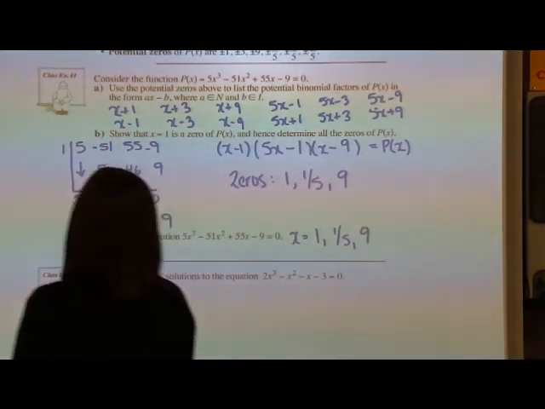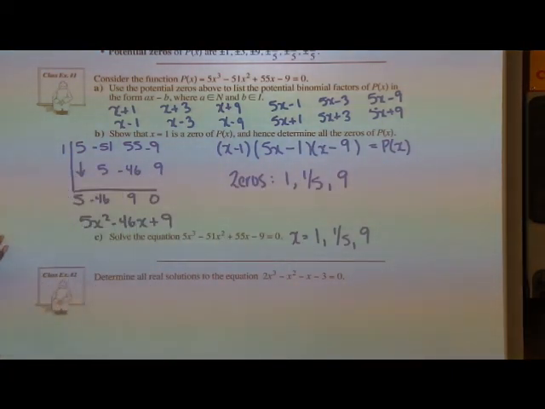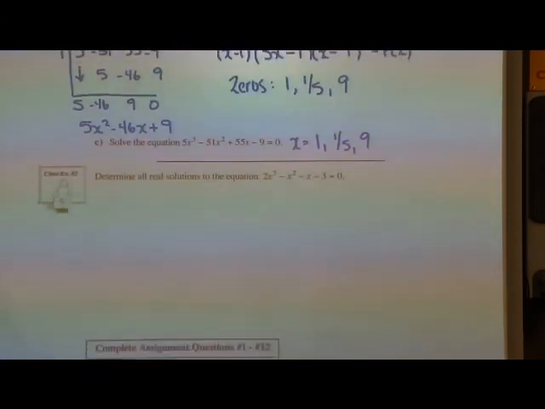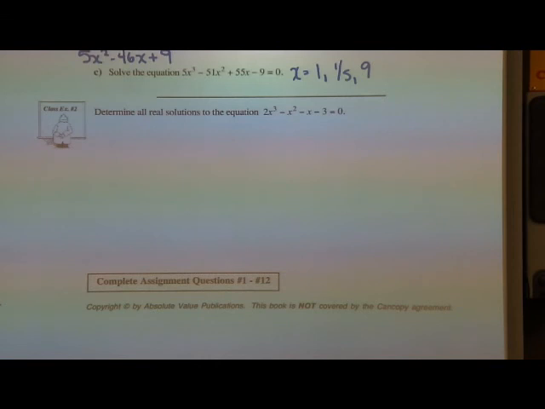Okay? So if we look at class example number 2, it says determine all real solutions to the equation 2x cubed minus x squared minus x minus 3.